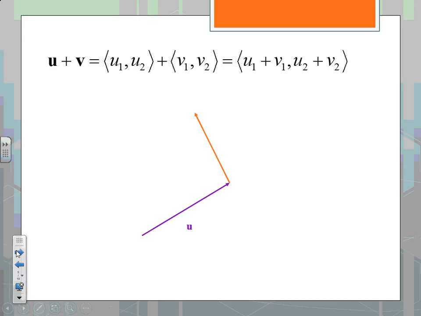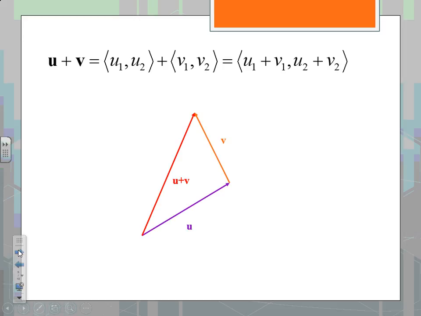Okay? In a picture, here's vector u, here's vector v. When you connect them, that is the vector u plus v. Okay? Vector u, if we draw vector v from the head of vector u, head, tail.